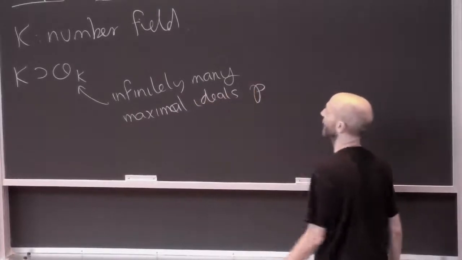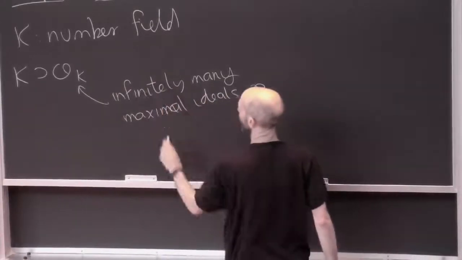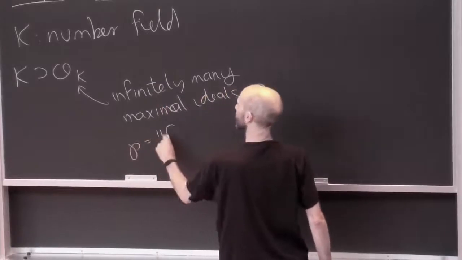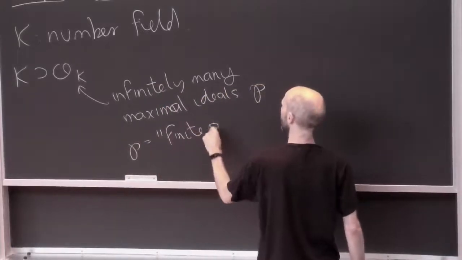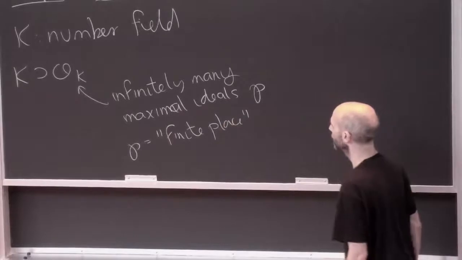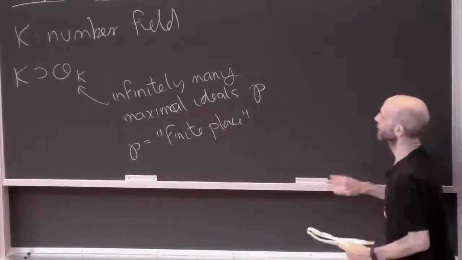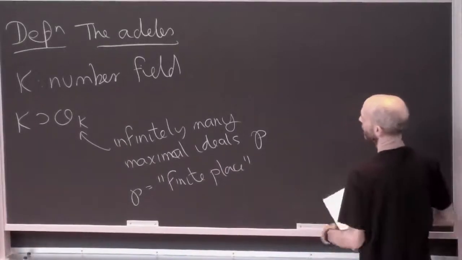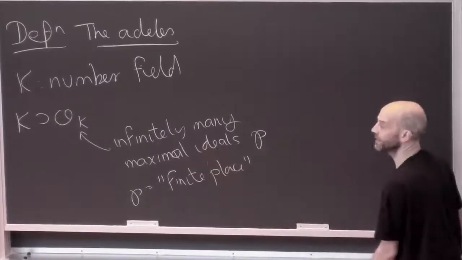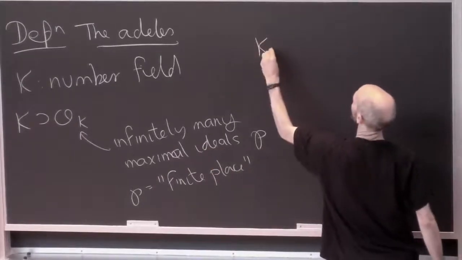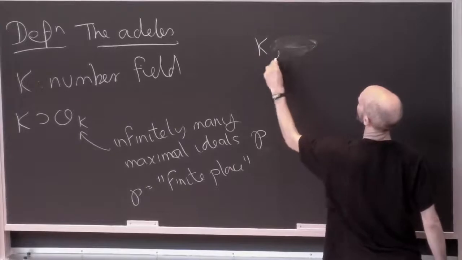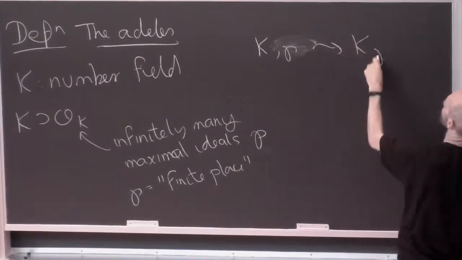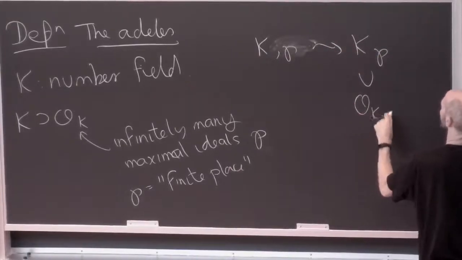They tend to be called P. And I sometimes call them finite places, right? It's just another word for it. And now, given K and a finite place, I can complete, right? The data K and P goes to the completion, K_P, and that contains O_{K_P}, right?